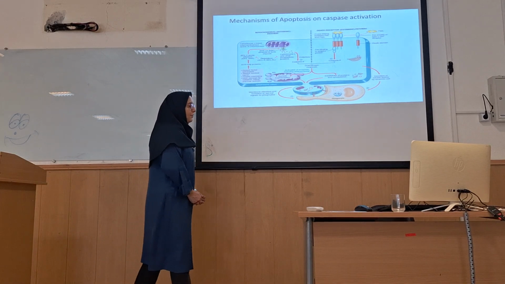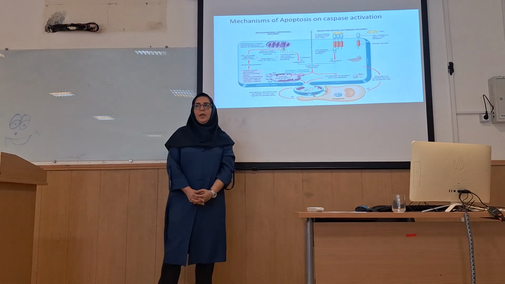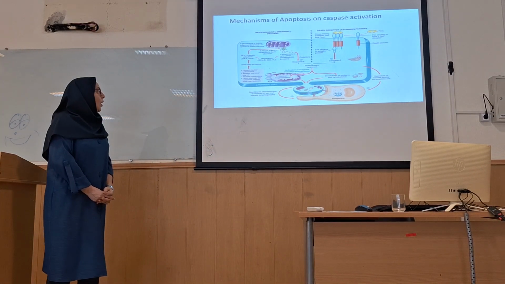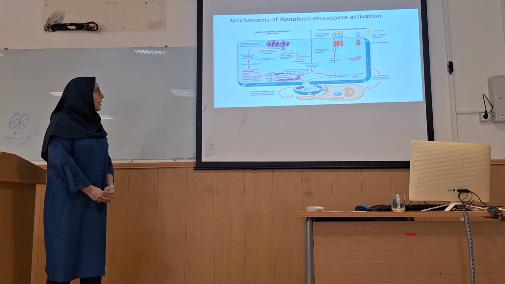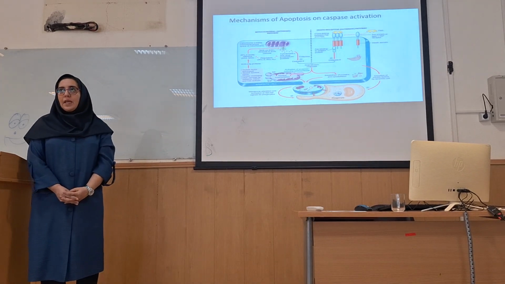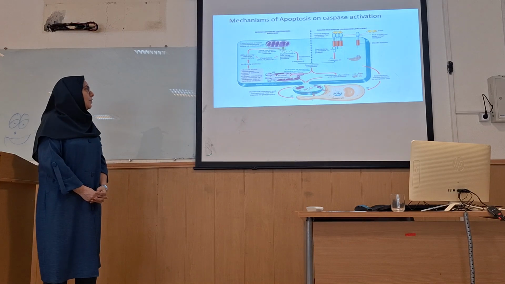The BCL2 family has two types of proteins: BAX and BAK, in favor of apoptosis, and BCL2 and BCL-XL, anti-apoptotic factors.